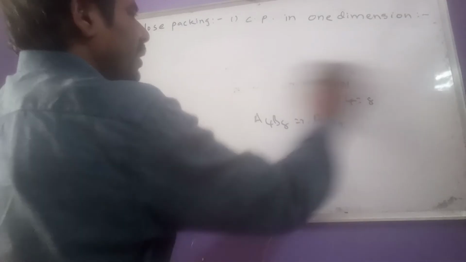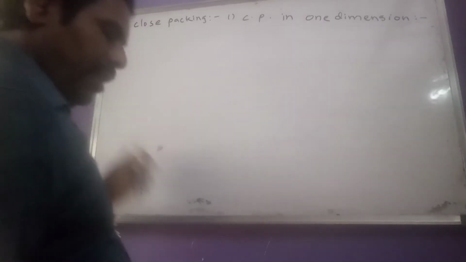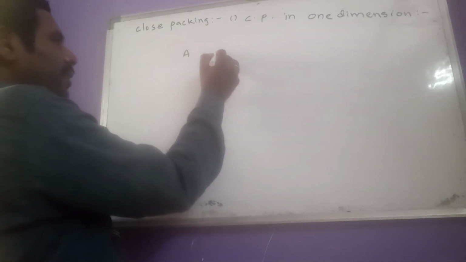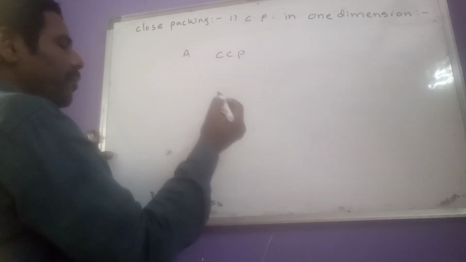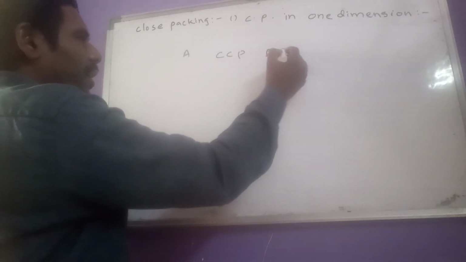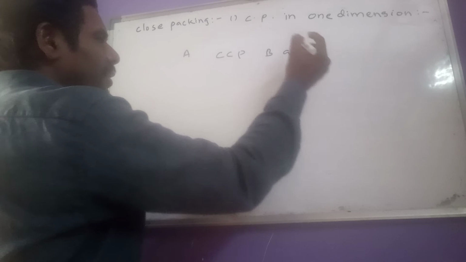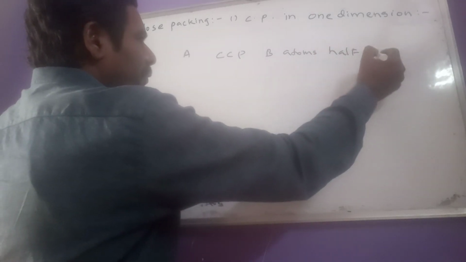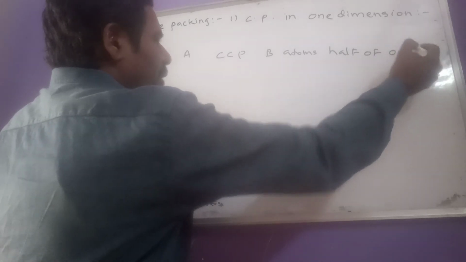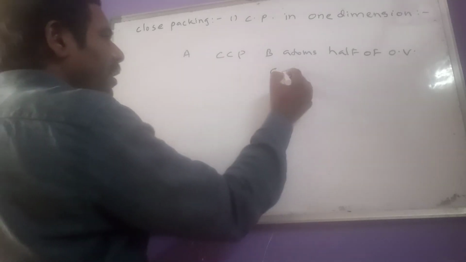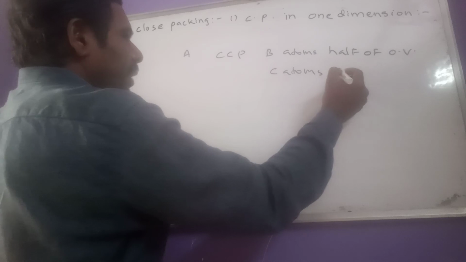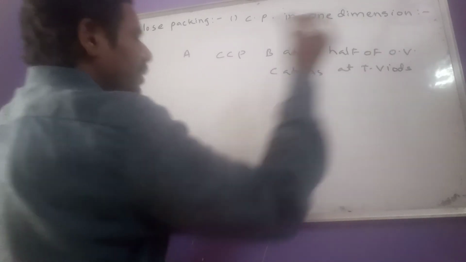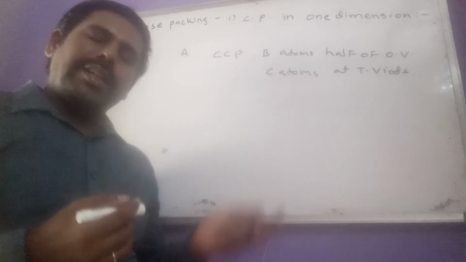See here, what is that? Now A has CCP arrangement. B atoms occupied half of the octahedral voids. C atoms occupied tetrahedral voids. What is the formula of the compound?